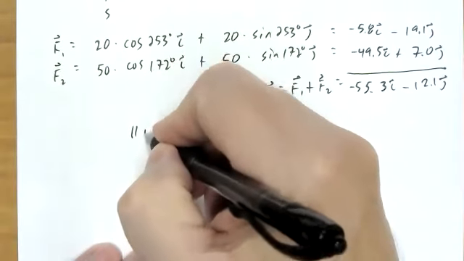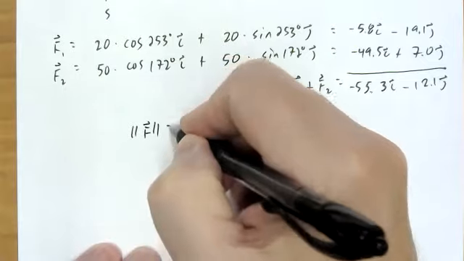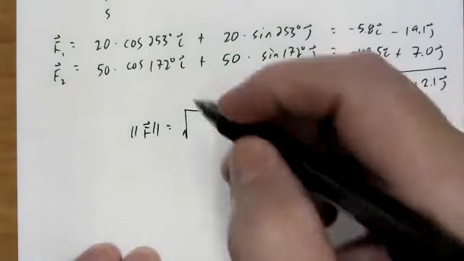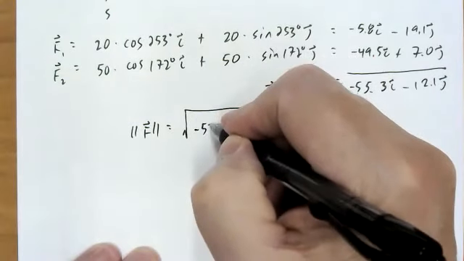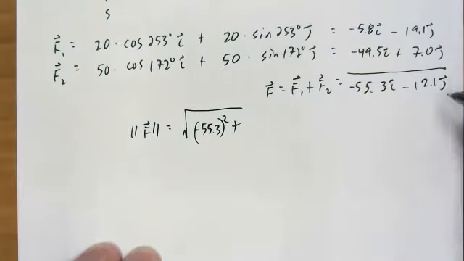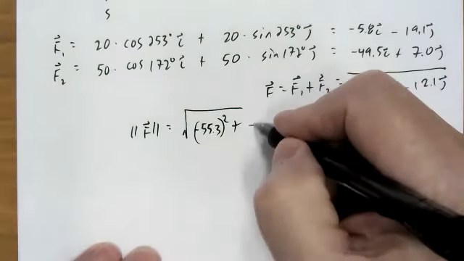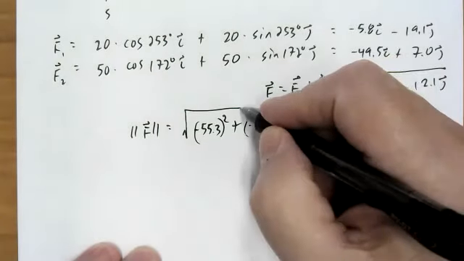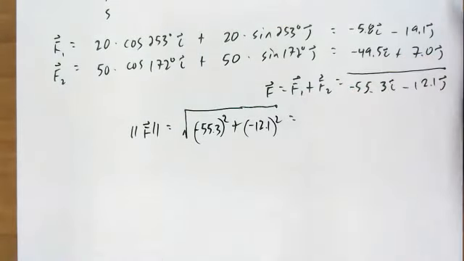So basically, this is the i part or the x part and the j part or the y part. So the magnitude of my force vector is just the square root of x squared plus y squared. So negative 55.3, that whole thing squared, plus negative 12.1 squared. That's for the calculator.